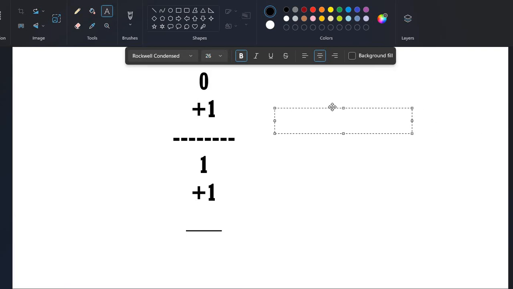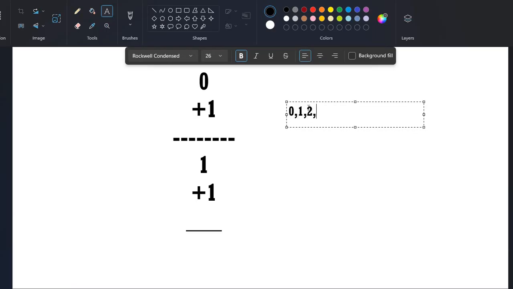When we write a decimal number, how do we write it? We write it this way, right? 0, 1, 2, 3, 4, 5, 6, 7, 8, 9. That is 10 symbols or 10 digits. After these 10 digits, what happens?